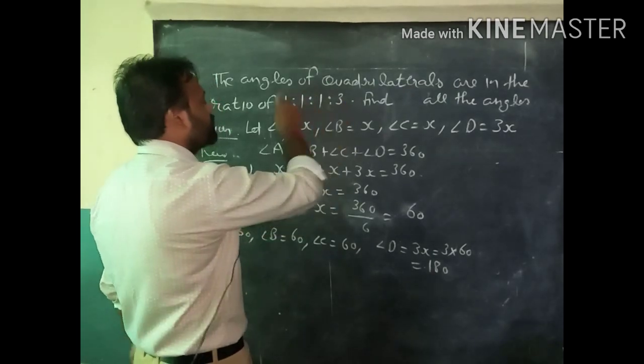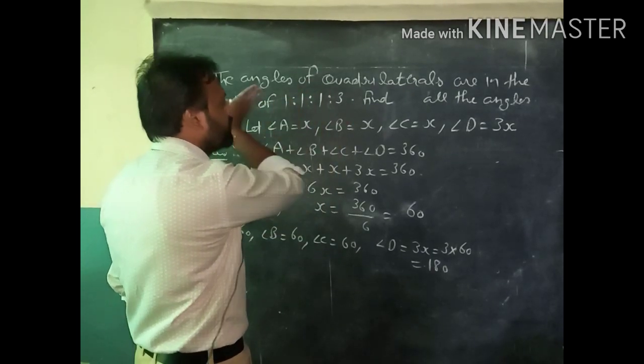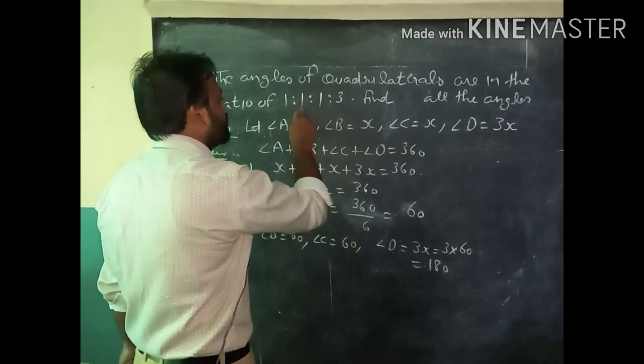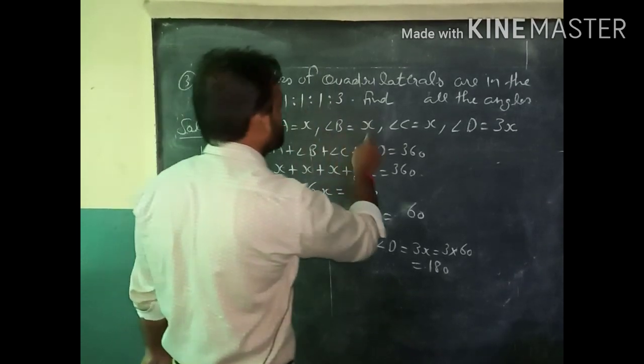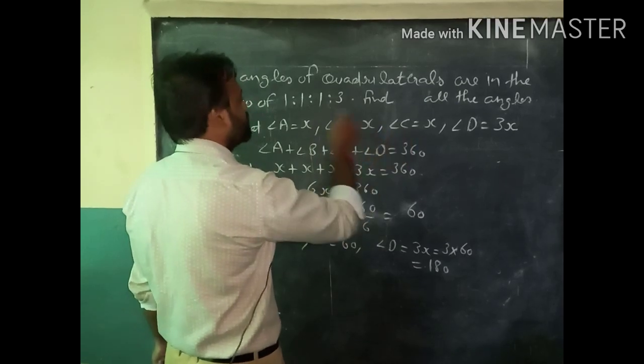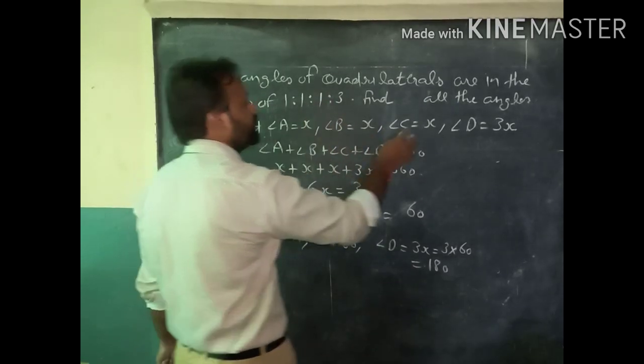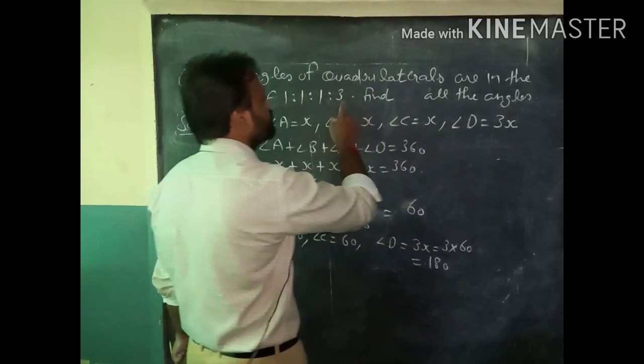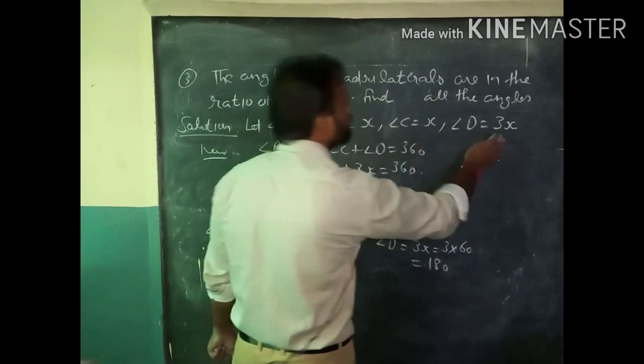Of course with the same variable we have to multiply all the values in the ratio. So angle B is x multiplied by 1, which becomes x, and angle C is also x multiplied by 1, which becomes x, and last is angle D. Here this is 3 multiplied by x, which becomes 3x.